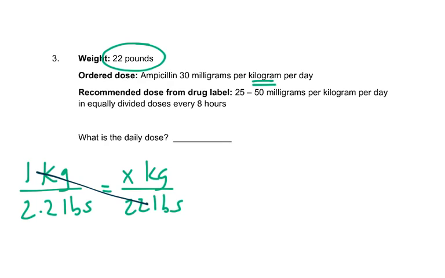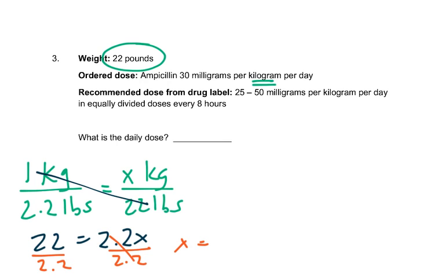So cross multiply, 1 times 22 is 22. 2.2 times x is 2.2x. Divide both sides by 2.2. And we get x is equal to 10. So that's 10 kilograms. So that's this person's weight.